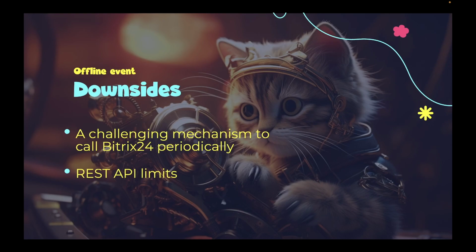Secondly, because your application will be using REST API to retrieve new events, it will be subject to the usual rate limits and total execution time constraints imposed on API calls. You can learn more about these limitations in the documentation. The main takeaway is that for your application, getting offline events may take more time compared to regular online events.